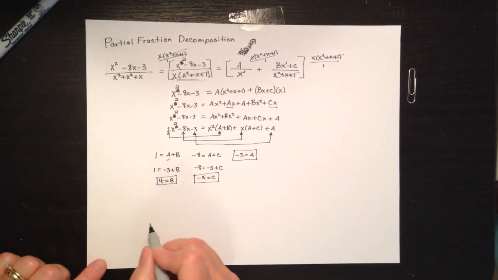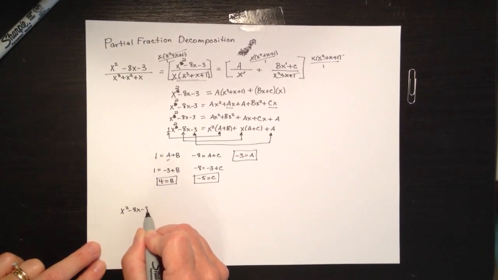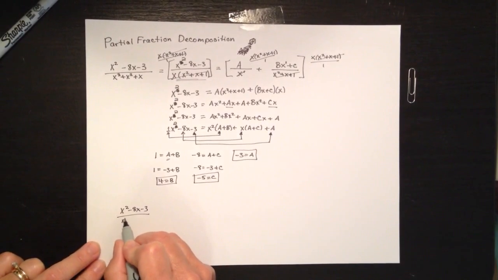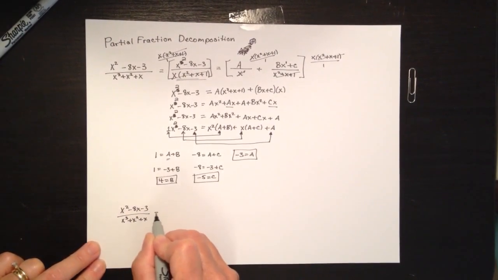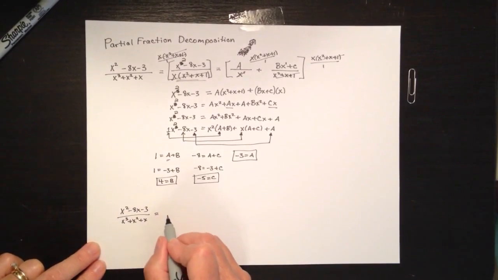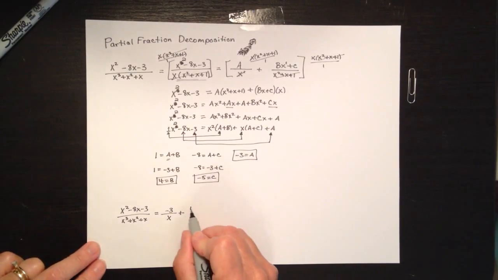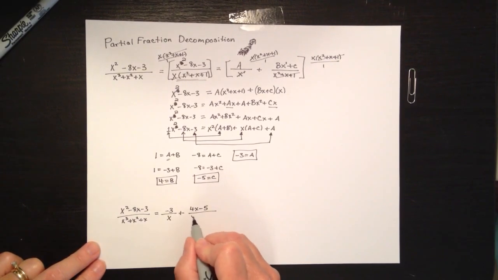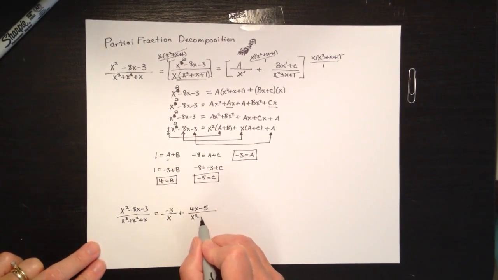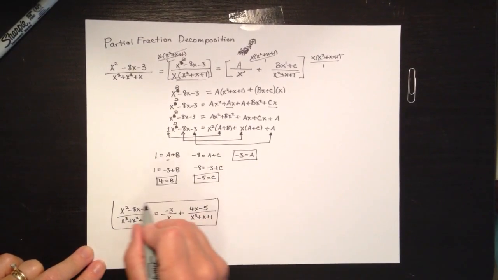So here's the final answer. x squared minus 8x minus 3 over x cubed plus x squared plus x is equal to a over x, or negative 3 over x, plus bx plus c, 4x minus 5 over x squared plus x plus 1, and this is the final answer.